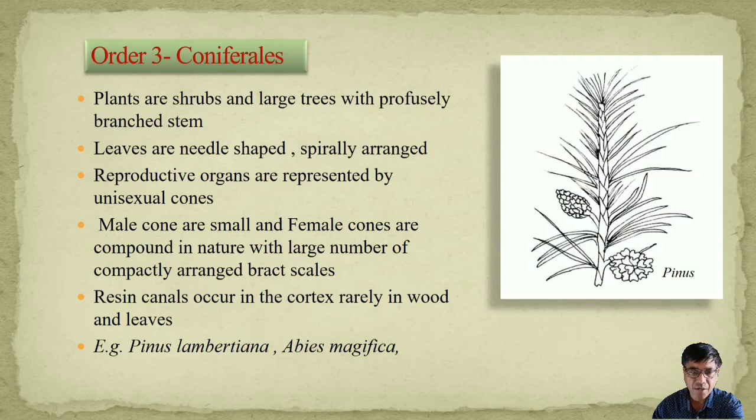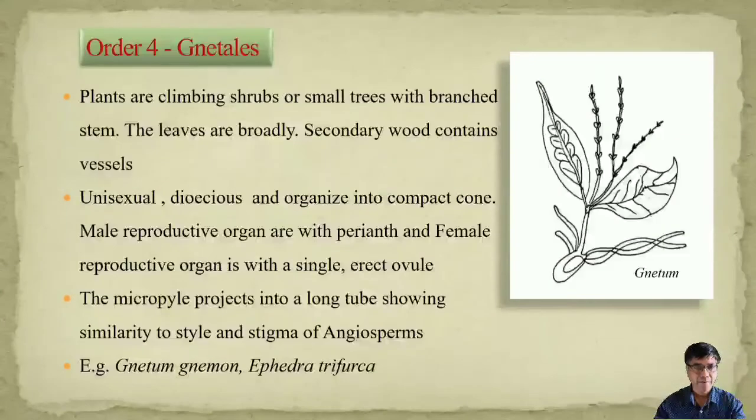Last order, Gnetales. Plants are climbers, shrubs or small trees with a branched stem. The leaves are broadly oval shaped, strap shaped or scale like.